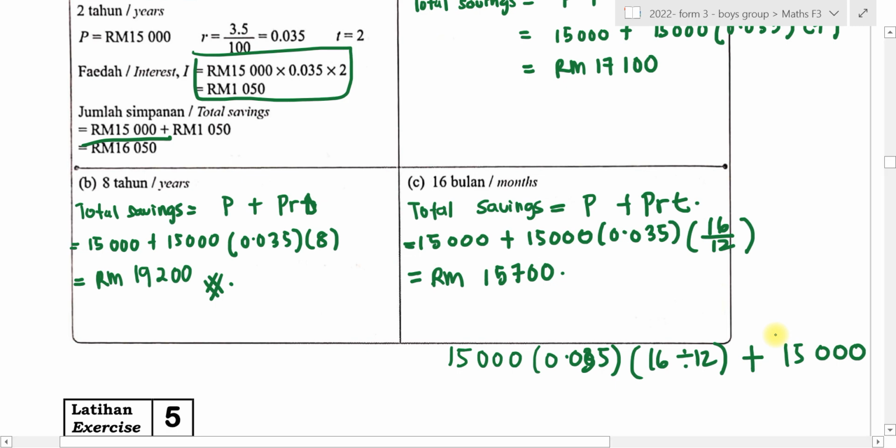Put 16 over 12 inside a bracket. Oh, okay, got it, sir. I wrote it as 16 in fraction form, sir. Sometimes if you don't put a bracket, it will confuse the answer a little bit.